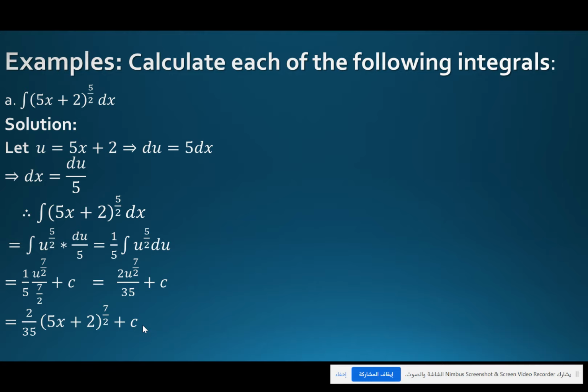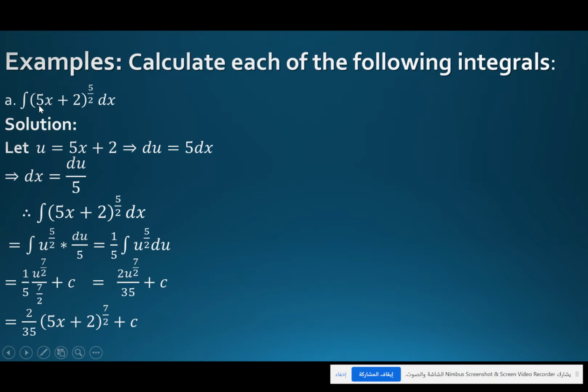I want to say something. You can use that long way or you can use a short way. The short way is from the beginning. You can see that the derivative of what is inside is not written, which is 5 only.